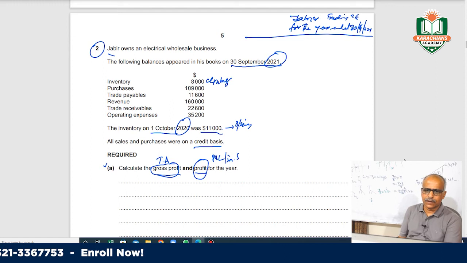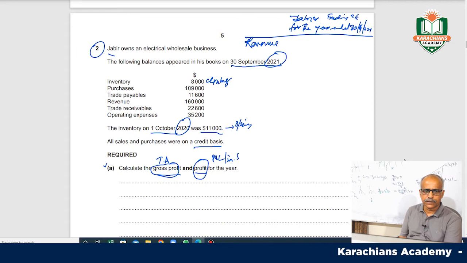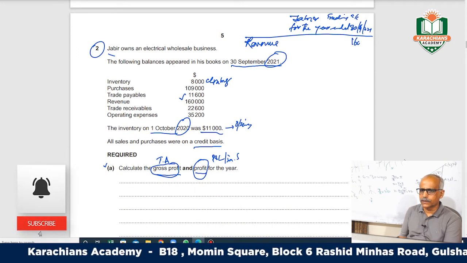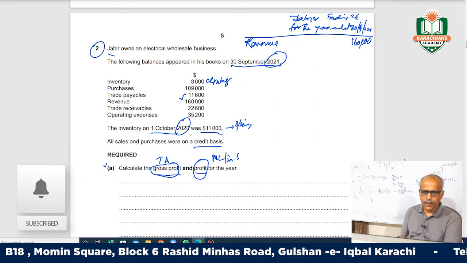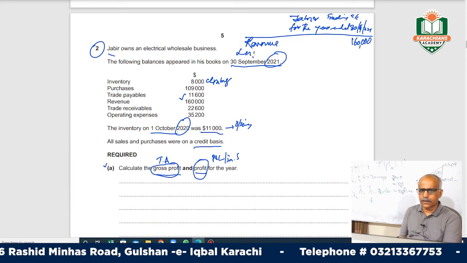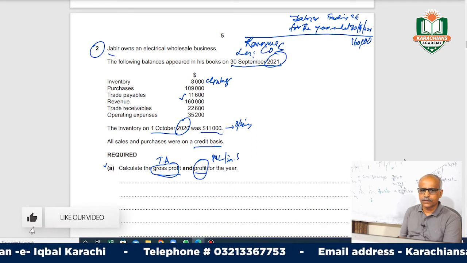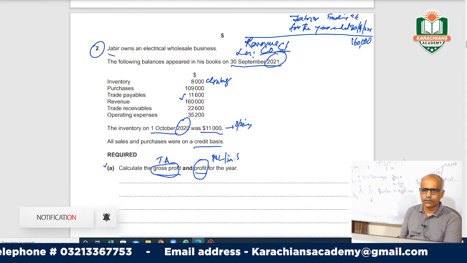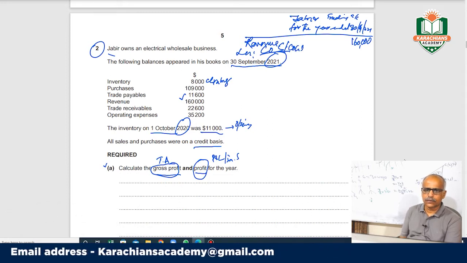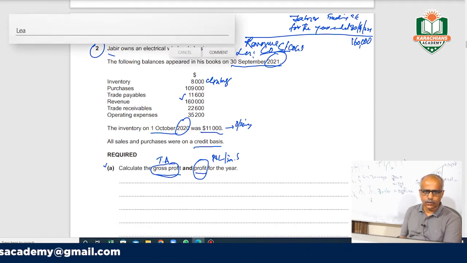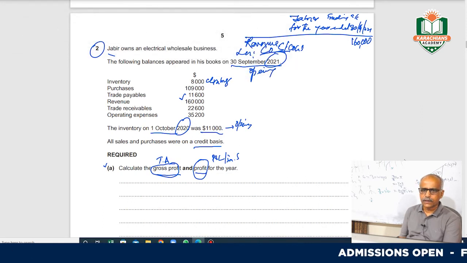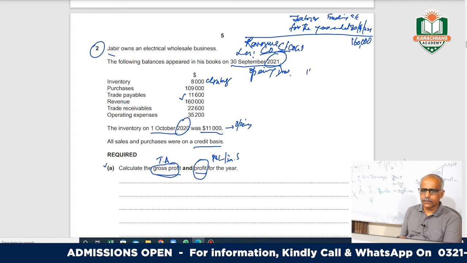Opening inventory, purchases, very normal. Your revenue is 160,000. Less cost of sales, or cost of goods sold, COGS. How will you calculate it? Opening inventory is 11,000.